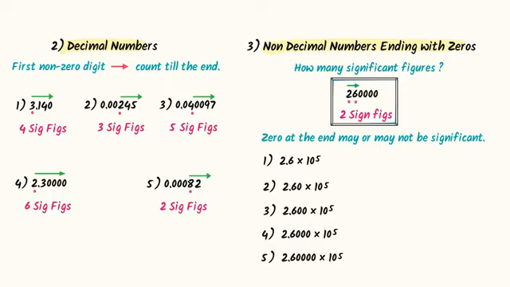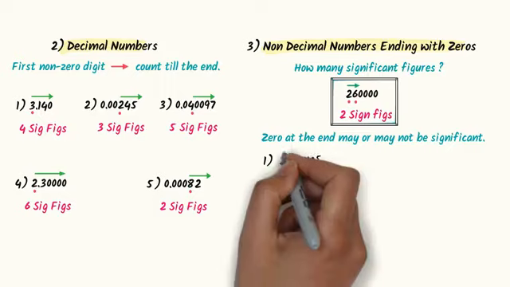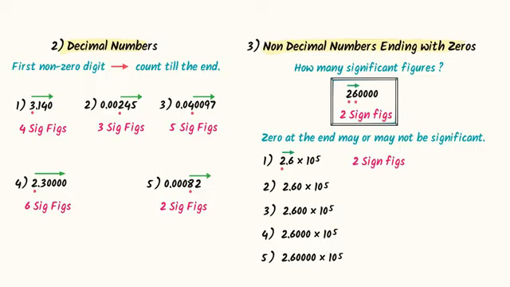In the first number, 2.6 times 10 raised to the power 5, there are 2 significant figures. In the second number, 2.60 times 10 raised to the power 5, there are 3 significant figures. In the third number, 2.600 times 10 raised to the power 5, there are 5 significant figures.